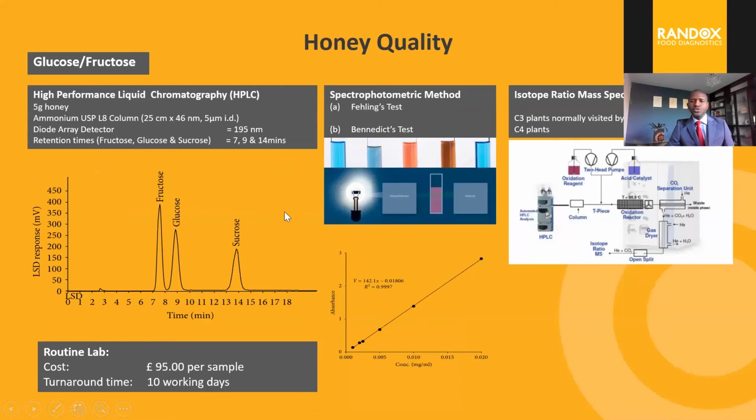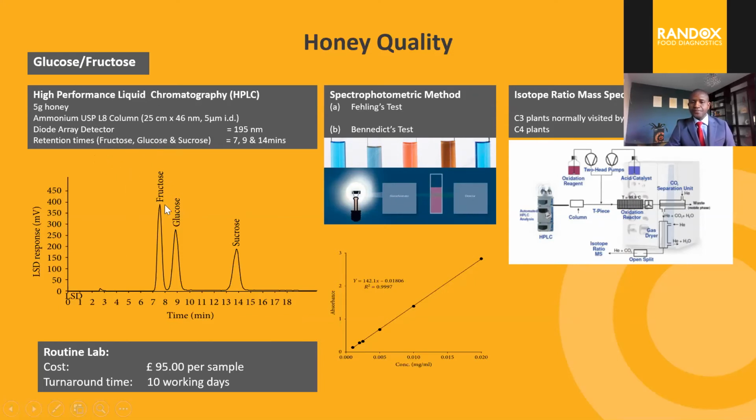When it comes to glucose and fructose, we want to check them because this is one of the frequently tested parameters in honey. It is one of the primary indicators of sugar adulteration in honey. One of the methods used is high performance liquid chromatography.